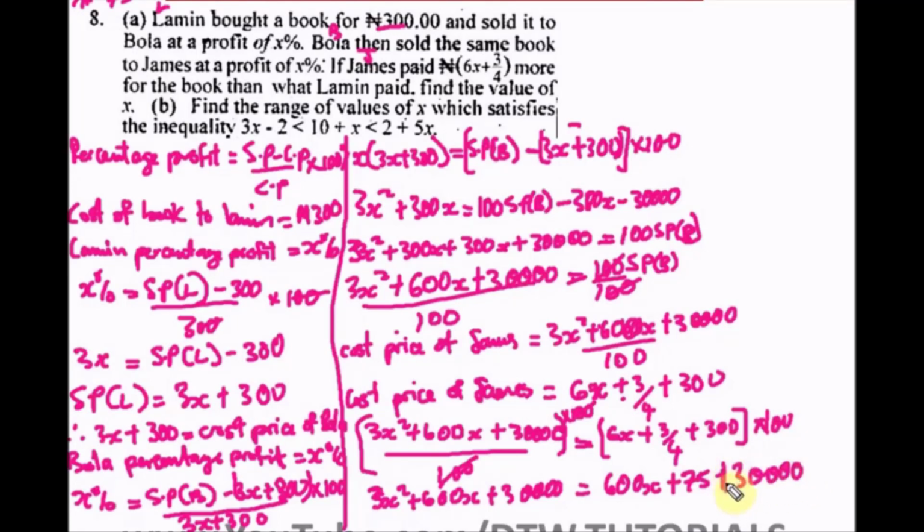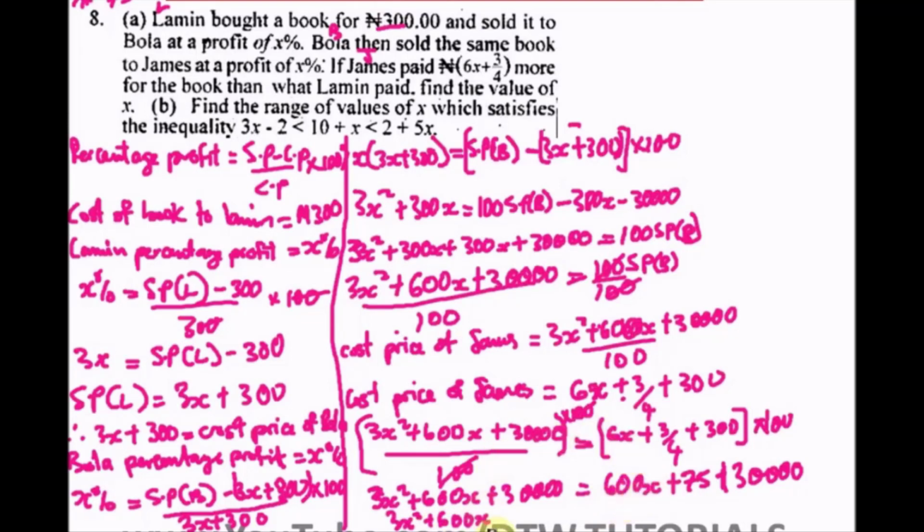From here we can simplify this, take all values of x to one side and keep the other values, our integers, on one side of the equation. So we have 3x squared plus 600x.